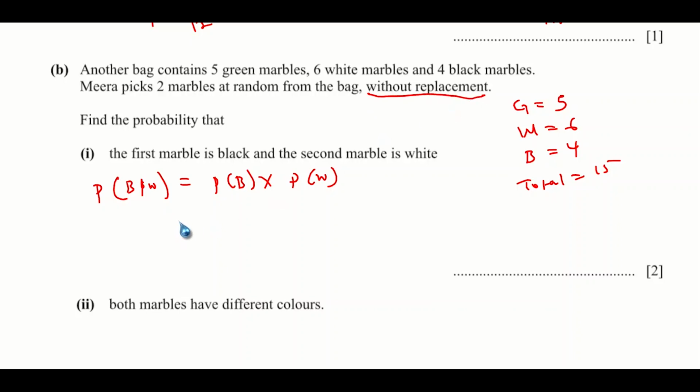Without replacement, this will be equal to the probability of the black, which is 4 out of 15. I've selected 1, so the total is now 14, times W, which will be 6 out of 14. If you input this into your calculator straight away, you should get 4 out of 35.